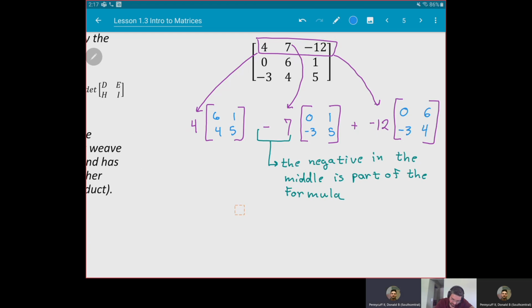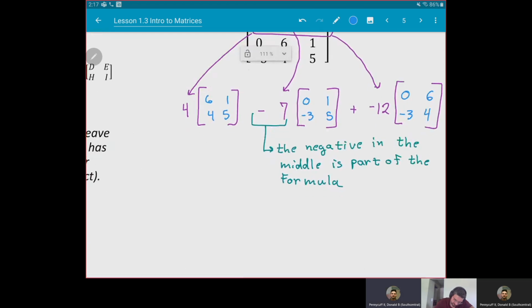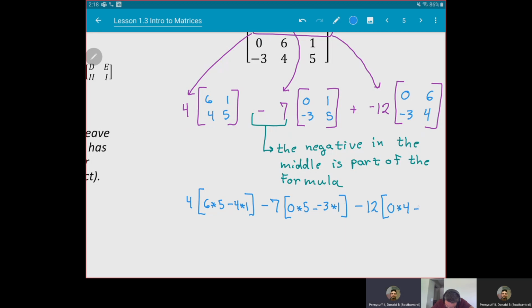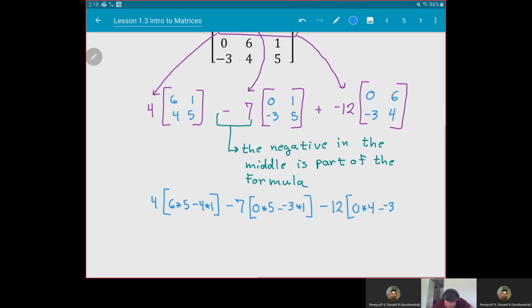Okay, and then to finish this out, all I'm going to do now is the determinant. So it's going to be 4 times 6 times 5 minus 4 times, minus 7, 0 times 5 minus 3 times 1, minus 12, 0 times 4 minus 3 times 6.